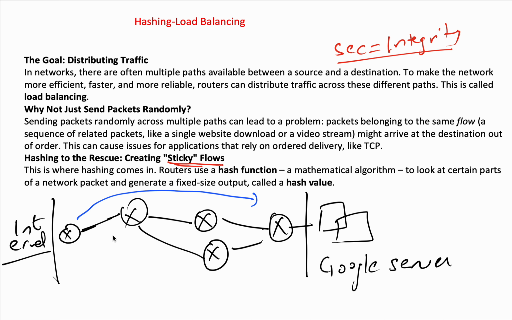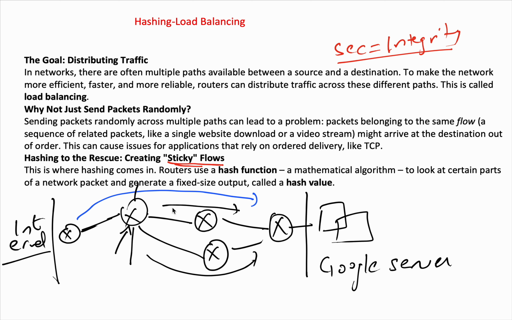The decision making will be done at this router. Arriving at this router, you know that it has equal cost from here and from here. This is what you want to make sure. Even though we have two hops here, it is the same: from here we have two hops, and the other also has two hops. So it has equal cost.